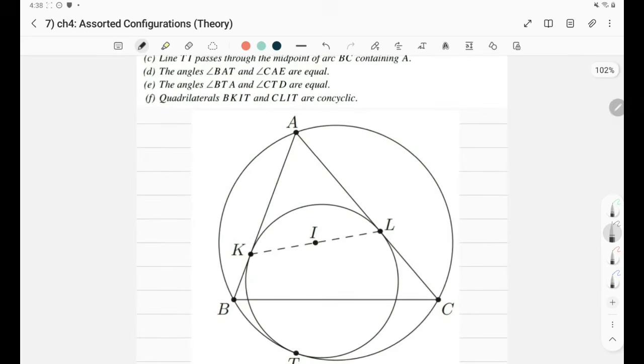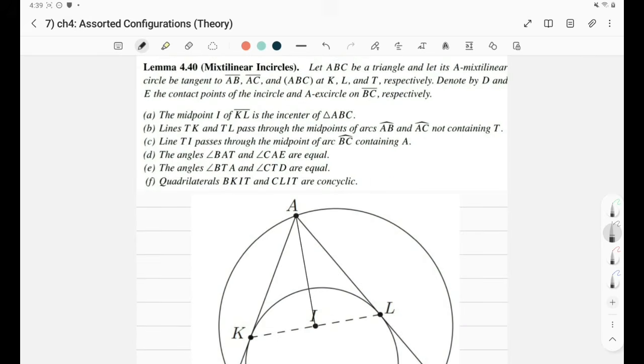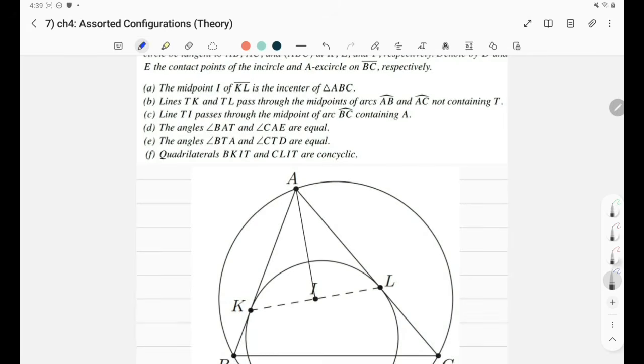So we know that I lies on KL, but where exactly? If you think about it, right now we have an isosceles triangle, of course, and hence we know that AI, the angle bisector, is also a perpendicular bisector, and hence I is the midpoint of KL. This is exactly what part A of the lemma tells us. So let's sketch a proof.